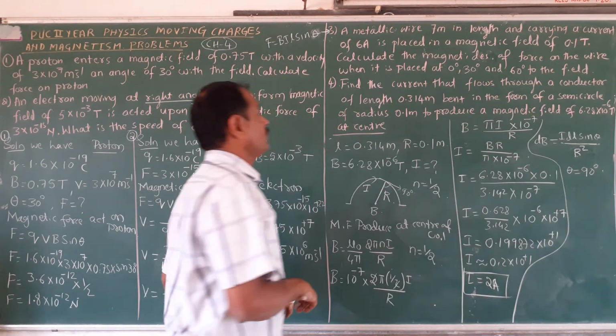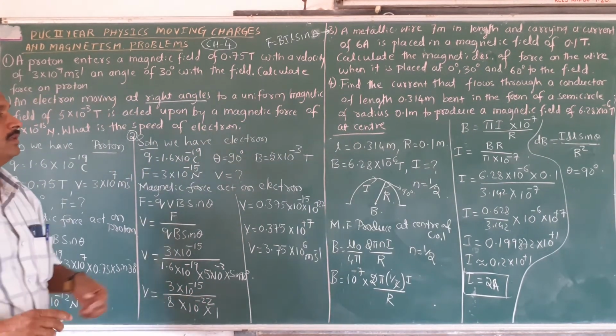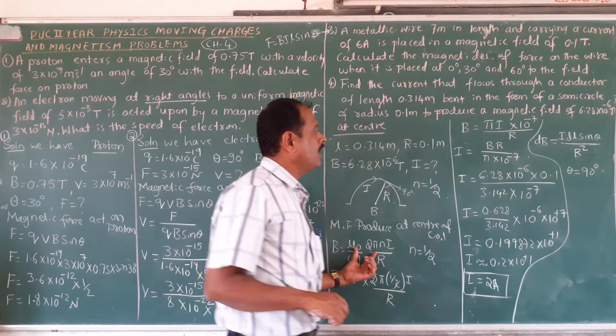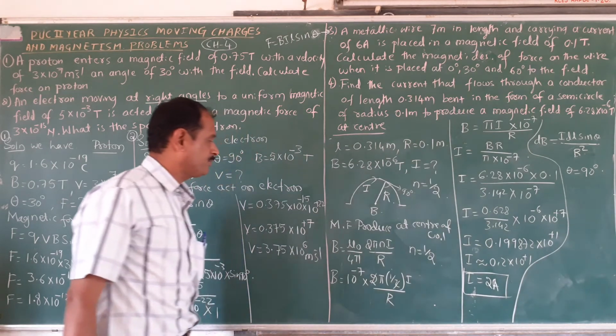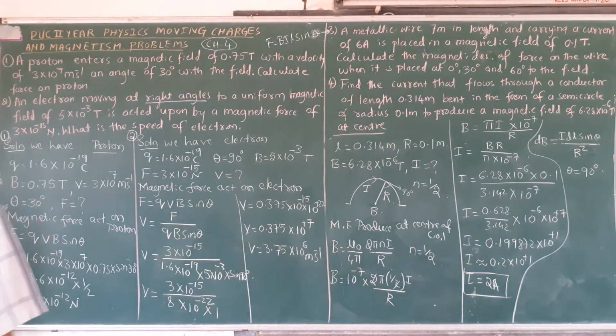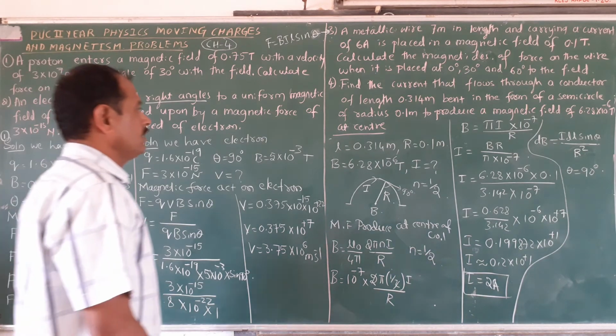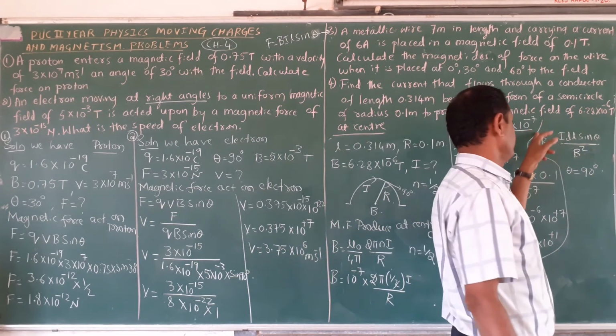Now the fourth problem is based on this formula or this. This is the magnetic field produced at the center of the coil. Or you have to use Ampere's circuit law, or suppose you use the Biot-Savart law.